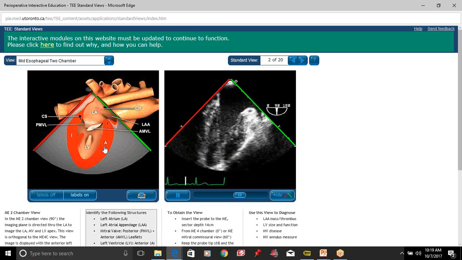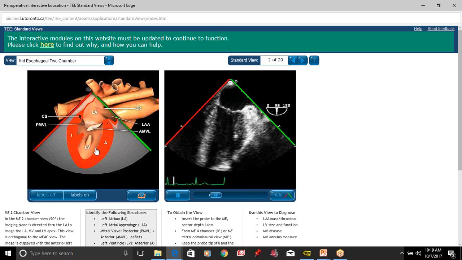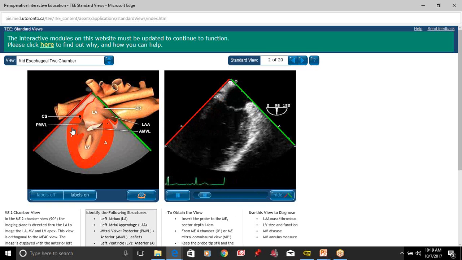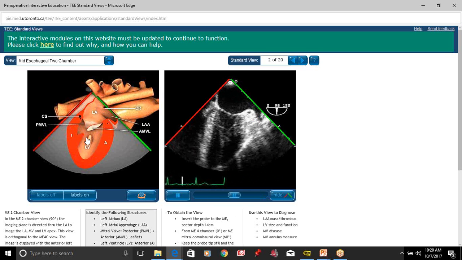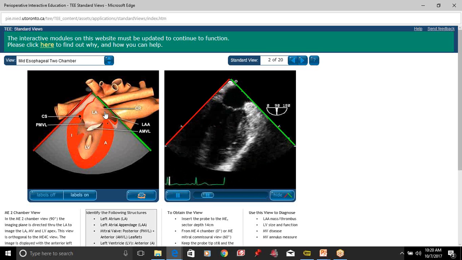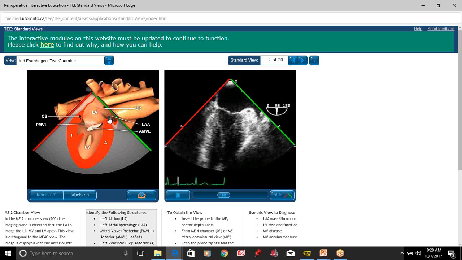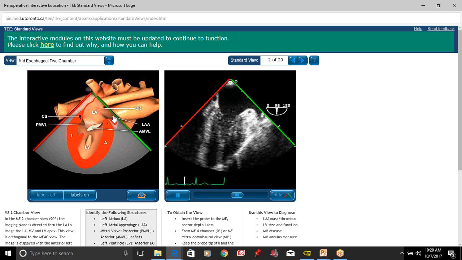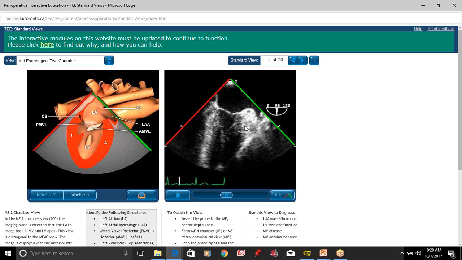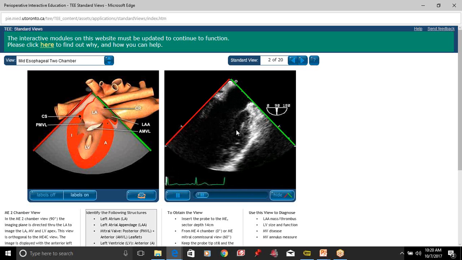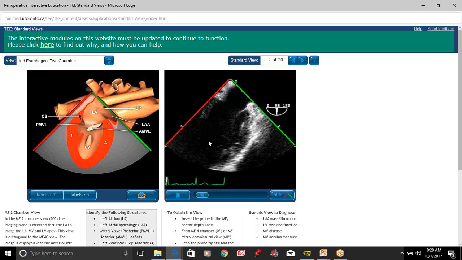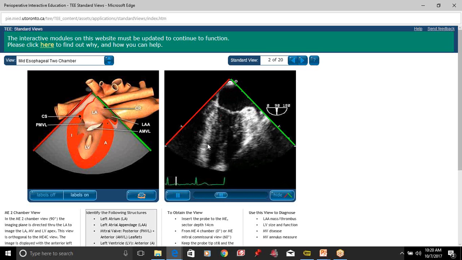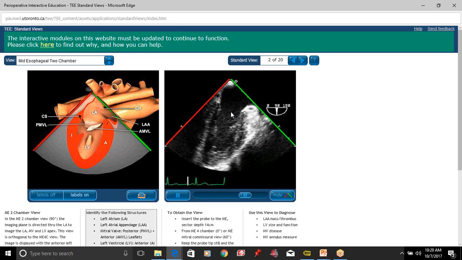So this is the anterior wall, anterior wall, inferior wall, left ventricular cavity, the mitral valve, left atrium. And you can see a little portion of the left atrial appendage. So to tie that together, this is your 2-chamber view, anterior wall, and your inferior wall, the mitral valve.